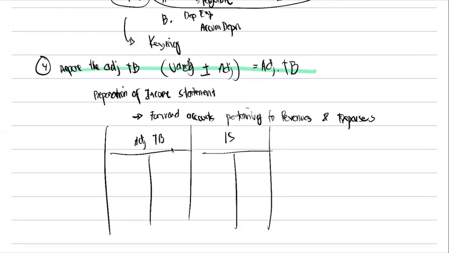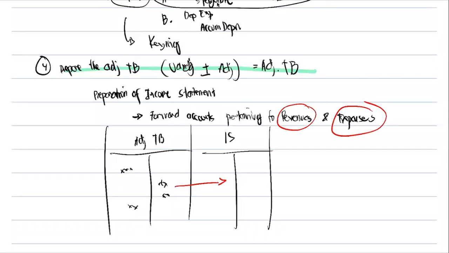Okay, so from your adjusted trial balance, of course, it will contain different amounts and different account titles. Only forward from your adjusted trial balance certain accounts, okay? So only forward here the accounts pertaining to revenues and expenses.